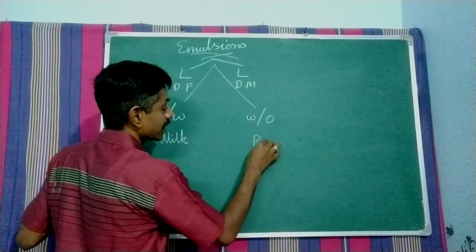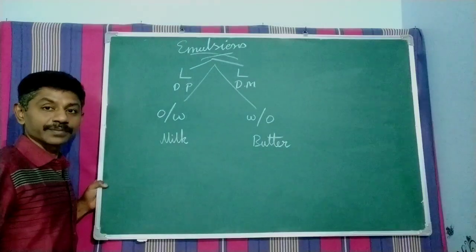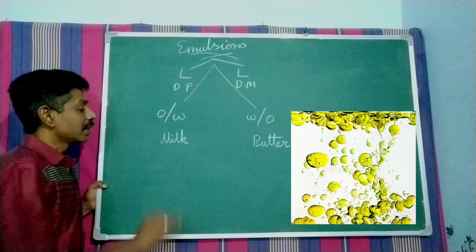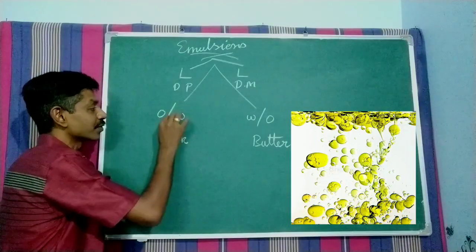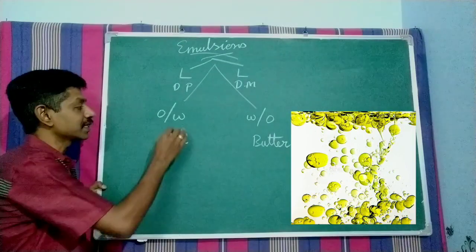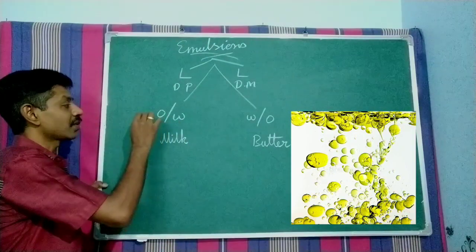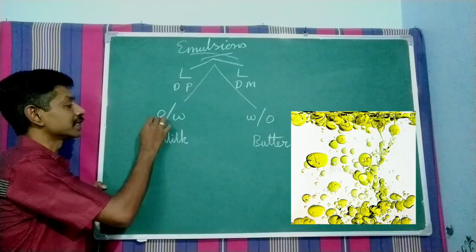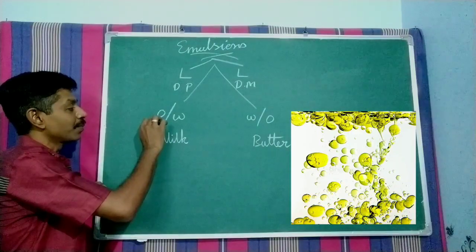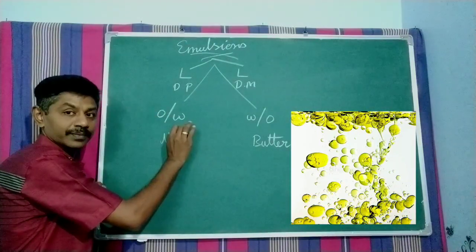Butter is an example for water and oil type of emulsion. In milk, if you closely observe, the major portion is going to be water only. Almost 84 to 86% is water only, and the fat and oily substance available is only little. So milk, oil portion is less, water portion is more.